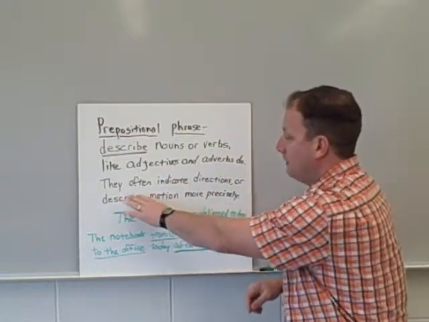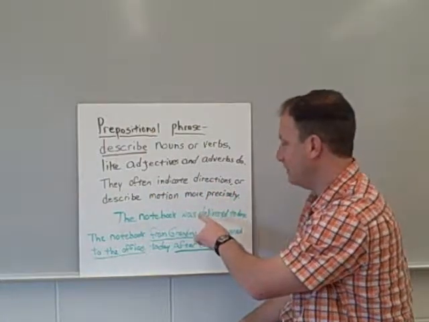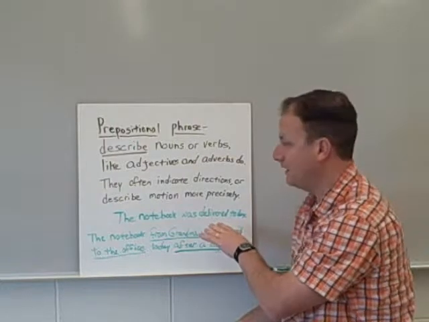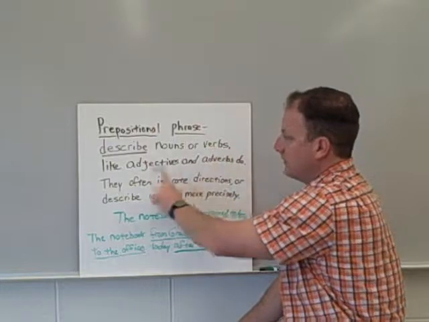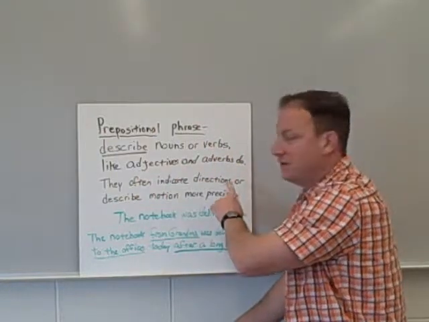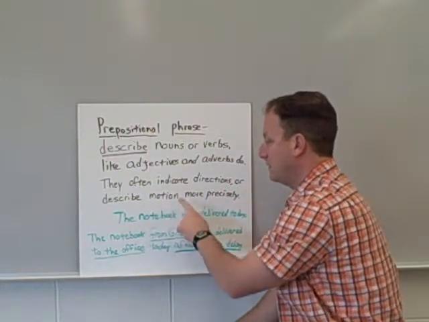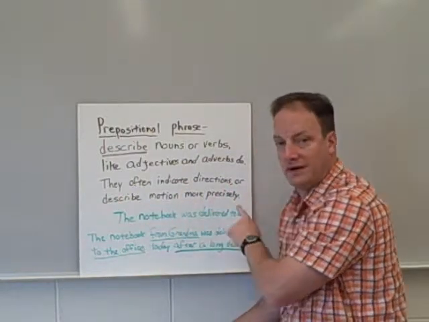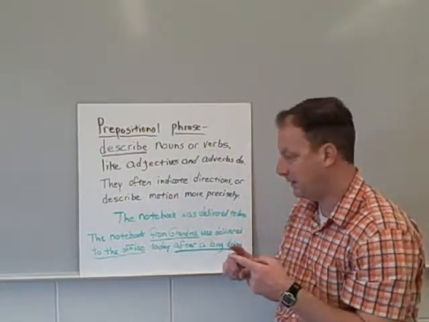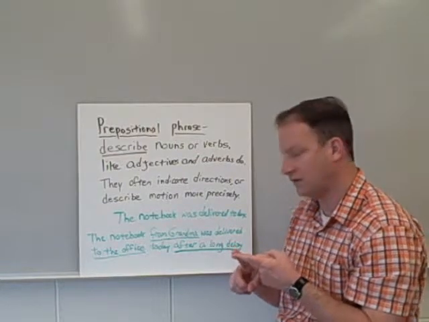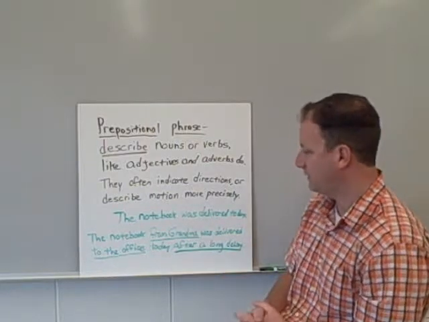They often indicate directions or describe motion more precisely. Now remember, just a second ago I told you to remember that prepositions tell us where things are in time and in space. All right, I've got a couple of sentences here I want you to read.